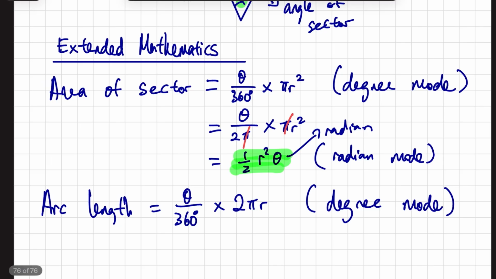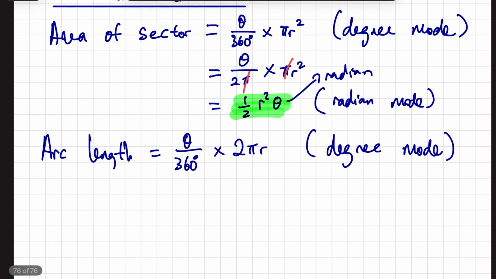Now for arc length, very similar. In the extended math syllabus, you know that the arc length is theta by 360 times 2 pi r. So all we want to do is this. If we want to find the arc length in radian mode, we just substitute 360 degrees with 2 pi. The 2 pi will cancel out very nicely, and all we have left is r theta.